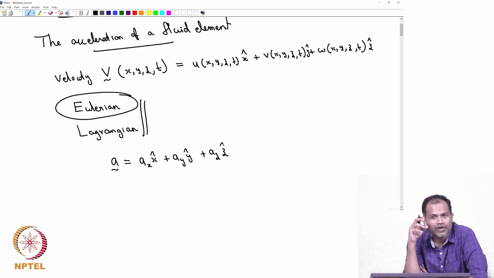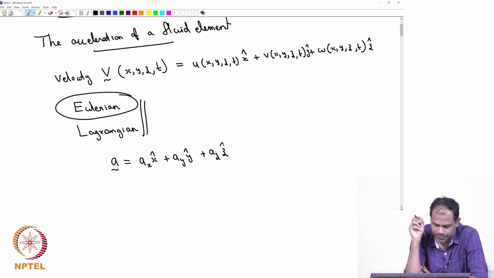Now, here you have to do the same thing: you want to look at a fluid element and find out how much the velocity changes when you are looking at that fluid element. The only complication is that the fluid element that you are looking at time t would have reached somewhere else at time t plus delta t, and you are not interested in the velocity or the acceleration at that point. You were originally interested in finding out the acceleration of a fluid element at a particular point.